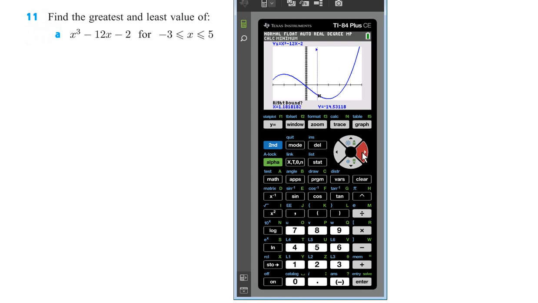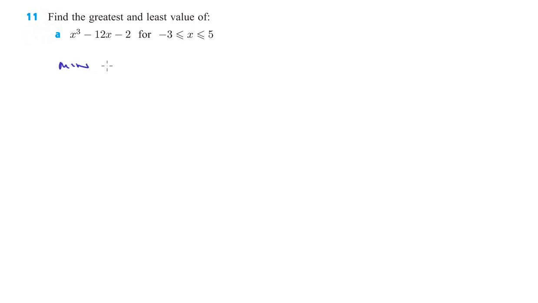Then I've got to move this over so that it's past that minimum point. I'm going to keep going just to make sure. There we go. It just takes a little while on my computer graphing calculator here. So push enter and then find the lowest point. It should be right in here somewhere. That's at 2, -18. So the minimum is 2, -18.